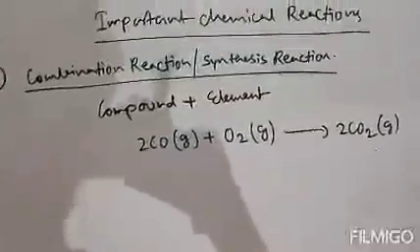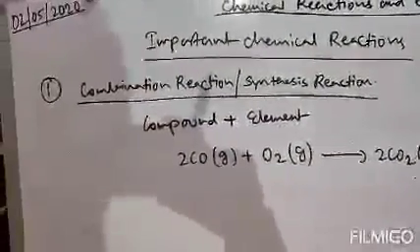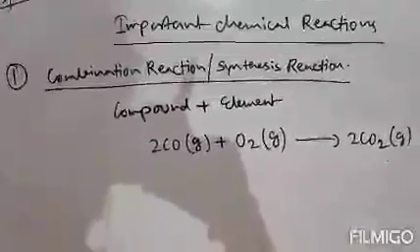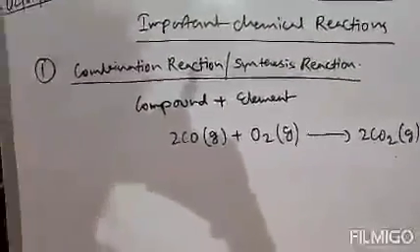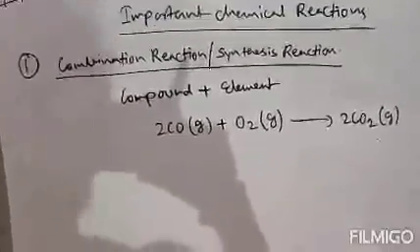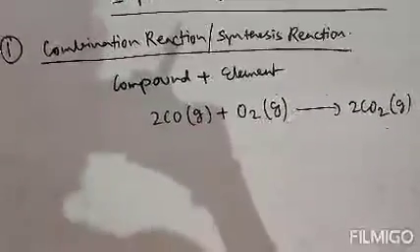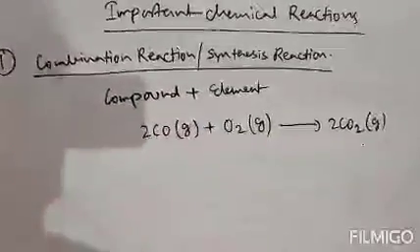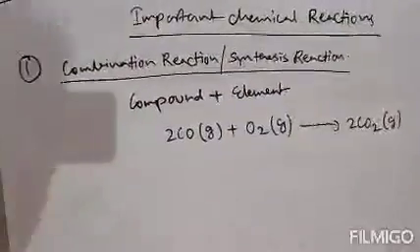If more than one atom is present, then we term it a compound, and if a single atom is present, we term it an element. So carbon monoxide is a compound, it combines with oxygen, which is an element, to form carbon dioxide, which is again a compound. Therefore a compound and an element combine together to form a single product or single substance. So the third category is compound plus element.